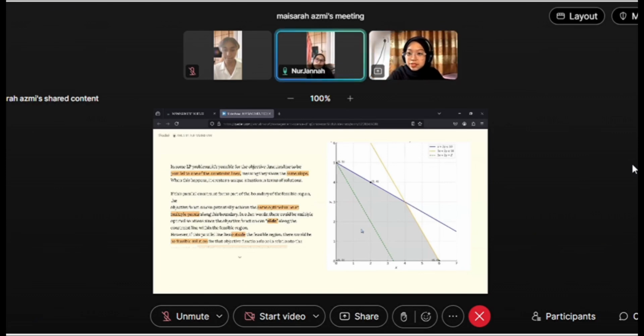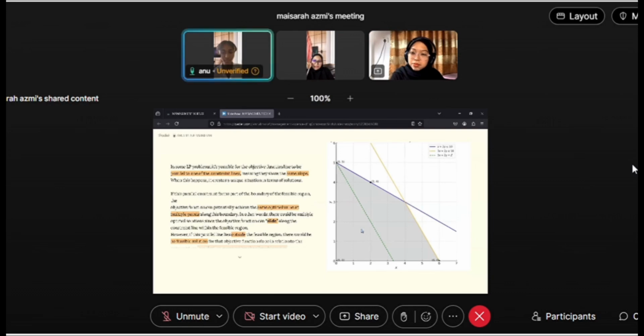Well, let's add one more layer. If we rewrite the objective function z equals 3x plus 2y as y equals negative 3/2 x plus z/2, we see that it has the same slope as the constraints. This means the objective function line can also be parallel to the constraint lines when we vary z, by shifting this line up or down.